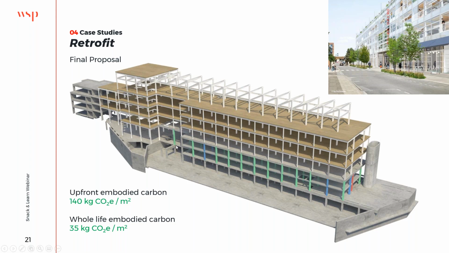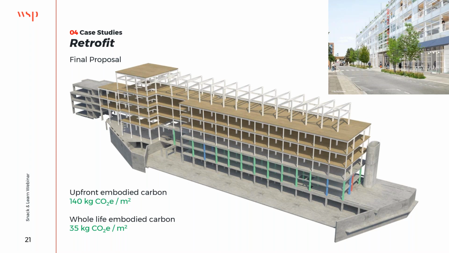What we propose to do is to remove the existing roof and undertake the following refurbishment: 3 storeys of CLT hybrid additional accommodation, and the infill of the ground floor in a similar construction. In doing this additional work, we did not need to strengthen the existing columns between level 1 and basement, and neither did we need to strengthen any of the foundations, as we didn't have access or ownership of that space and it needed to remain operational for the supermarket.